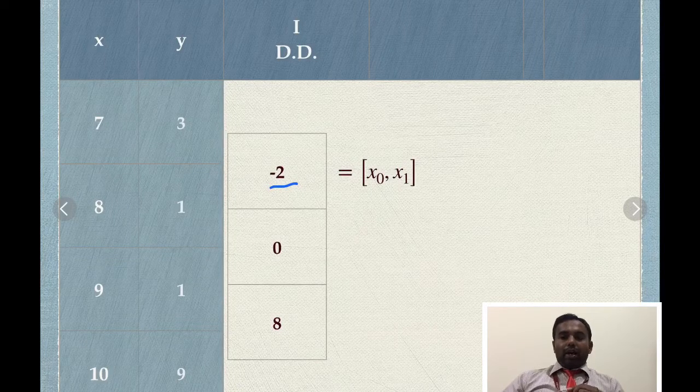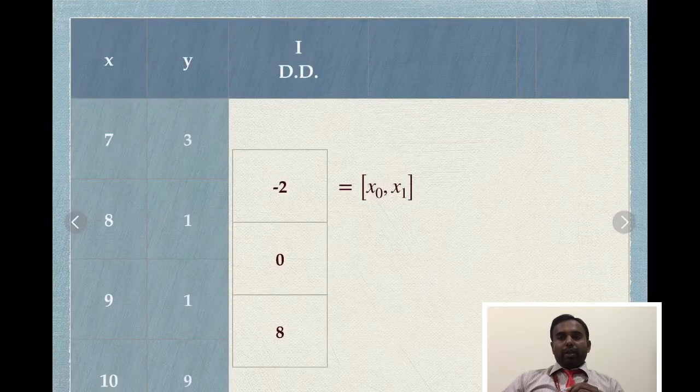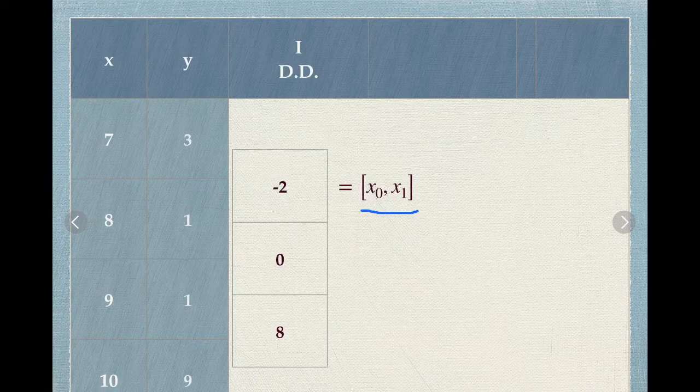So the first term of the first divided difference is usually represented by [x0, x1] in square brackets, because in the denominator the difference was taken between x1 and x0. Clear?